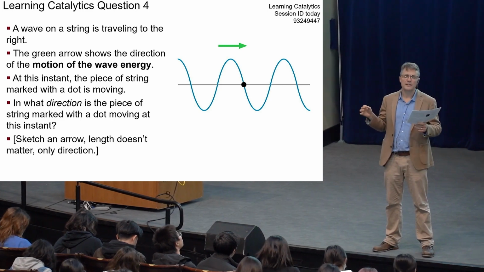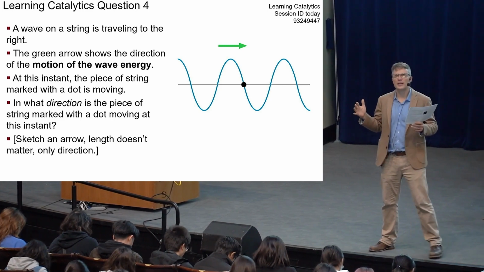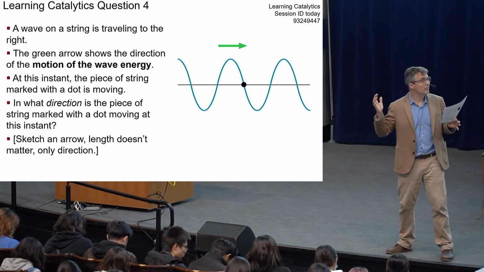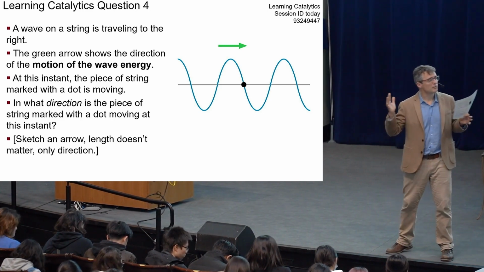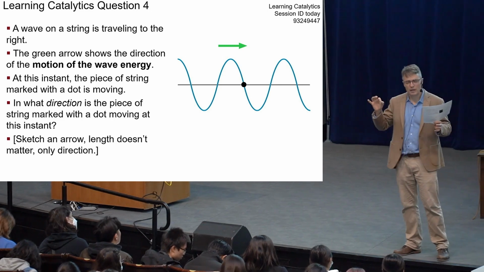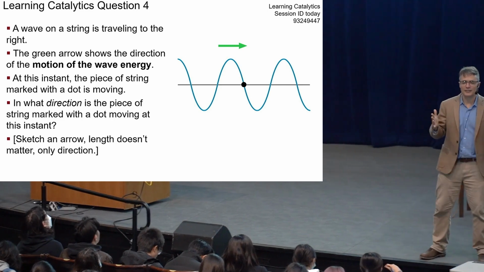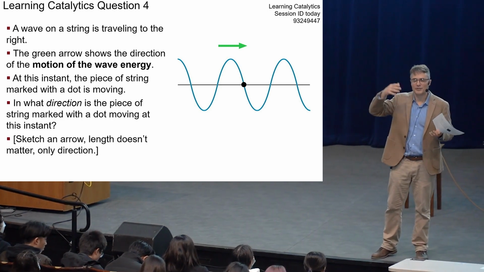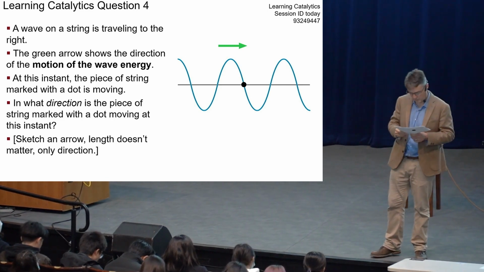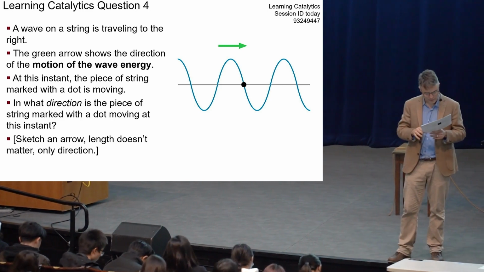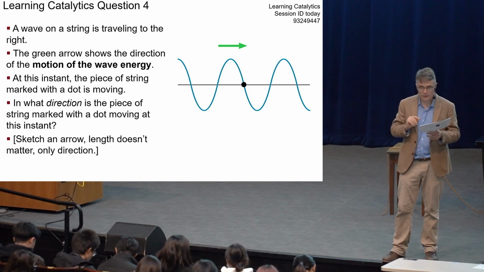And then what I try to imagine is that it's the pattern of the wave that is moving from left to right here, and the particle's job is to stay on the pattern. So if a little later the pattern's going to be above you, you're going to have to be moving upwards, or if it's going to be a little below you, you're going to have to be moving downwards. So sketch an arrow. Length doesn't matter, only the direction.